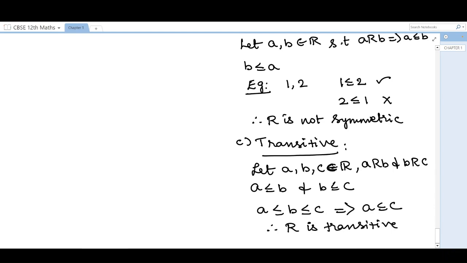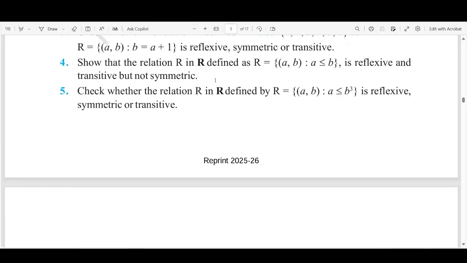So, thus we have verified that the given relation R for the set of real numbers is reflexive and transitive but not symmetric.